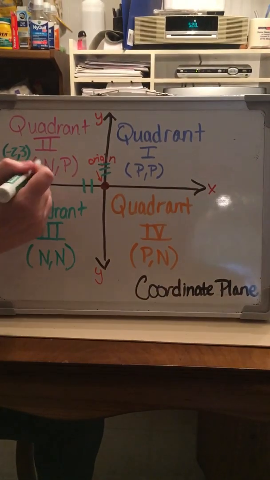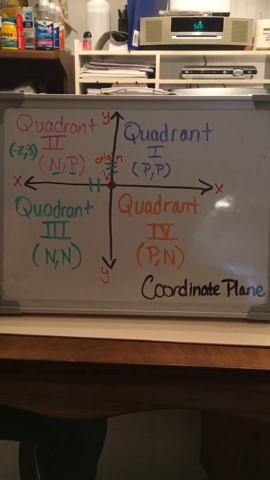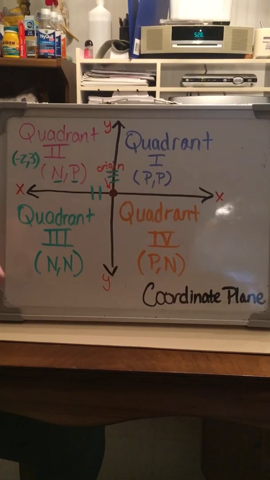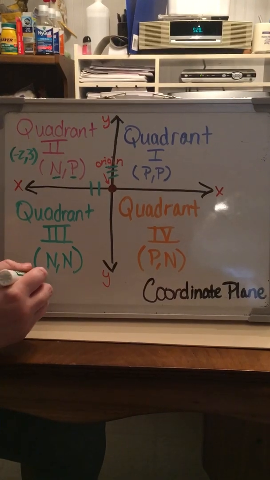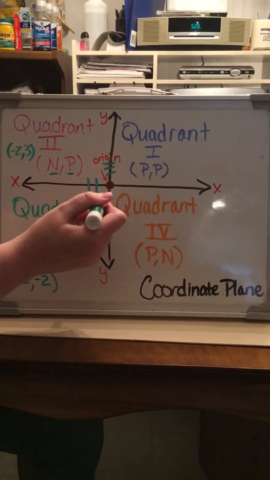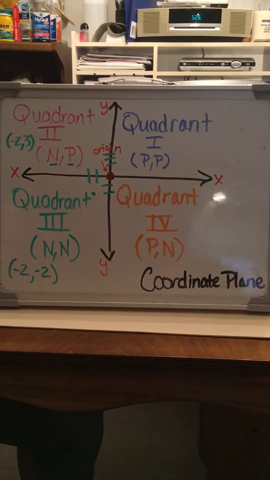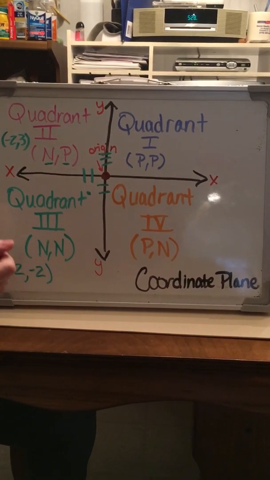So that's a negative and a positive together, that's their ordered pair. Quadrant 3 is when you have a negative and a negative number, something like -2, -2. If I went over -2 and down -2 and had a spot there, that would be in quadrant 3.